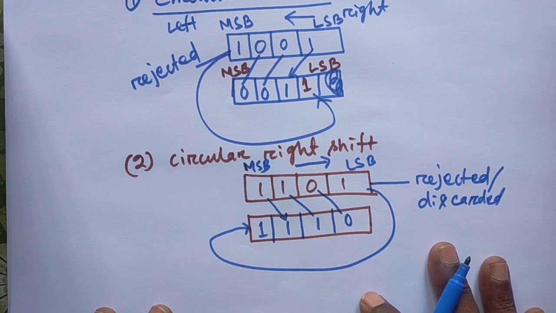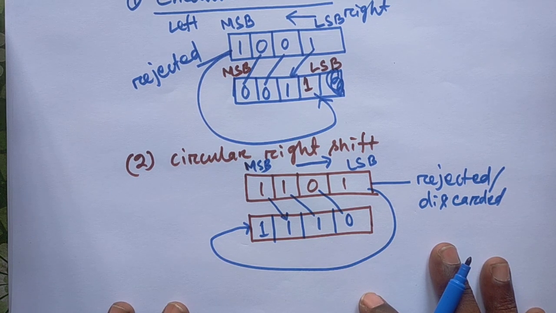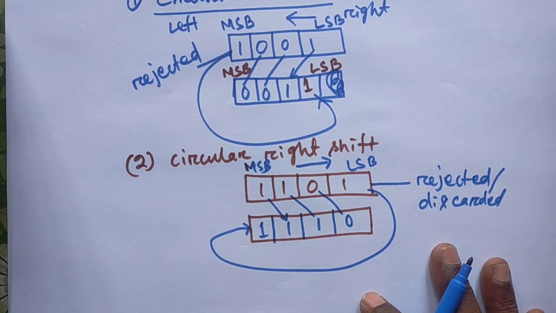So the question may arise, which shift micro operation has loss of data? If we go through logic micro operation or arithmetic micro operation, then definitely there is loss of data, either on the left-hand side or right-hand side, as per the operation.